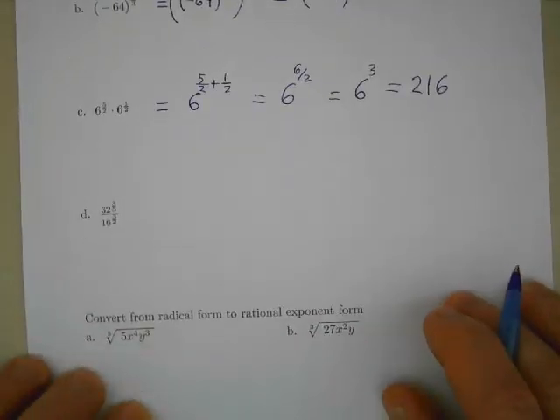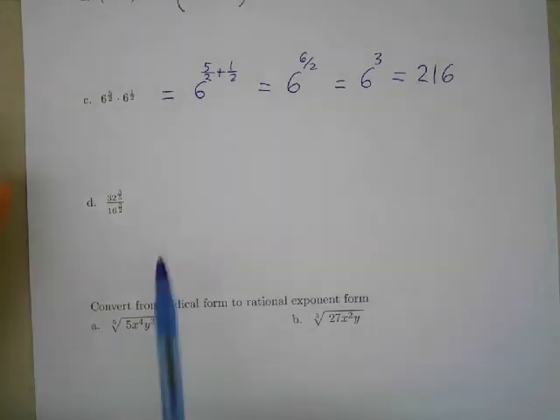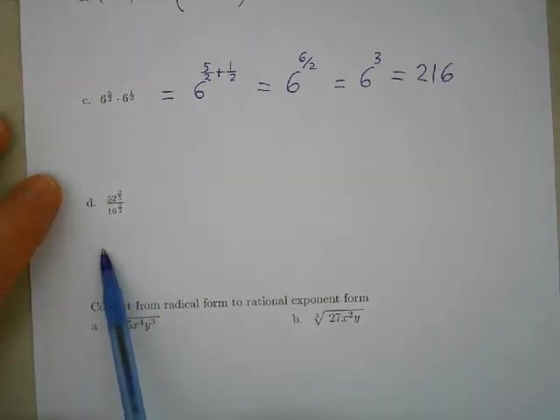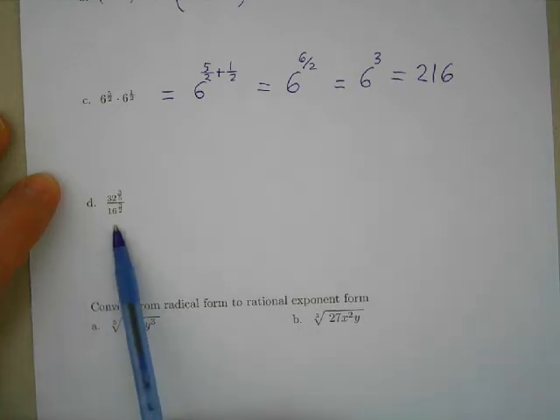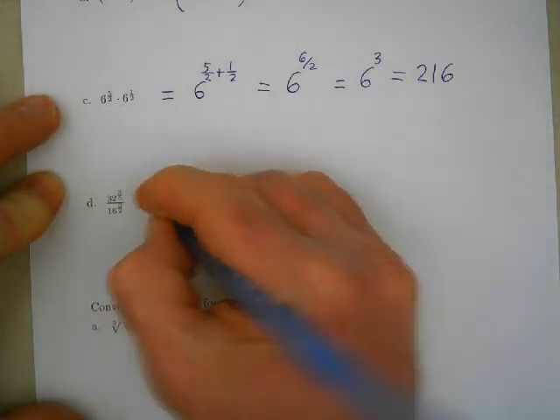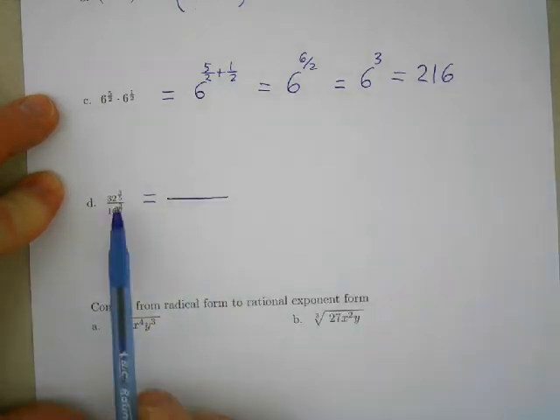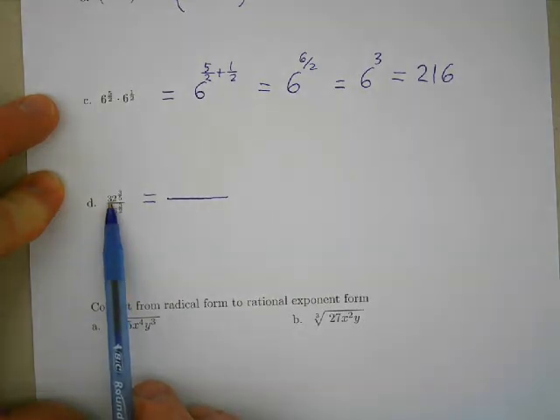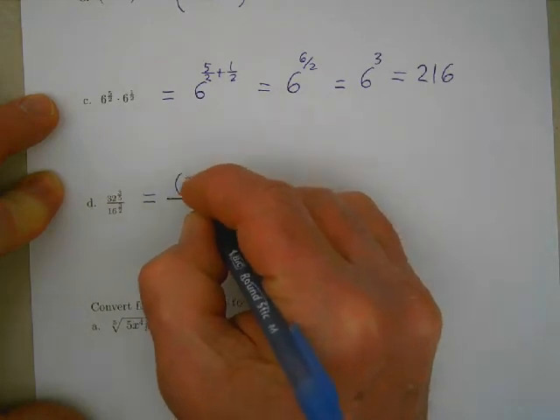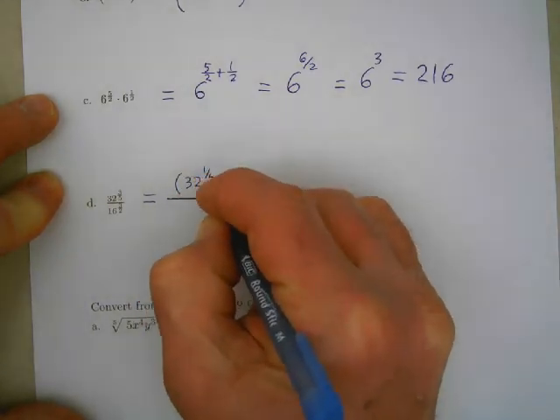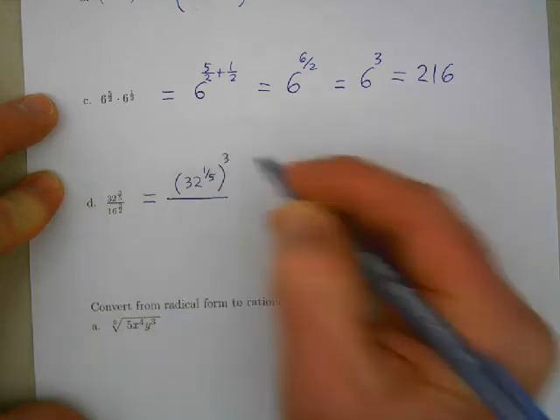Okay, the next example, in the numerator we have 32 raised to the exponent 3/5, and in the denominator we have 16 raised to the exponent 3/2. Well, there's more than one way to go about it, but I think the easiest way is to rewrite the numerator, 32 to the 3/5, as 32 to the 1/5 raised to the third power.